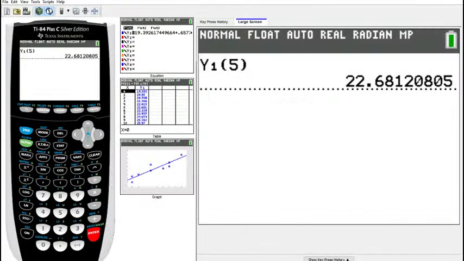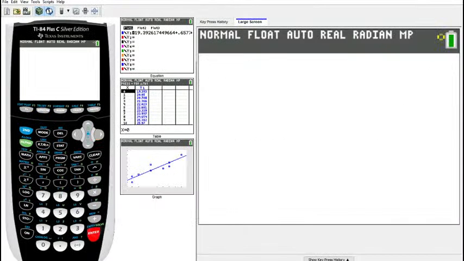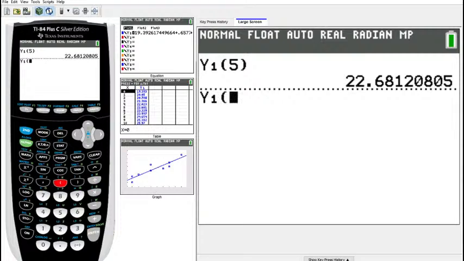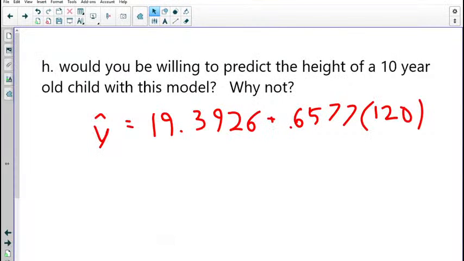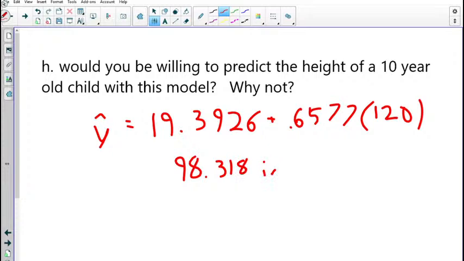Let's see what we get. Vars, y-vars, function, y1. If I plug in 120, let's see what happens. 98.318 inches.